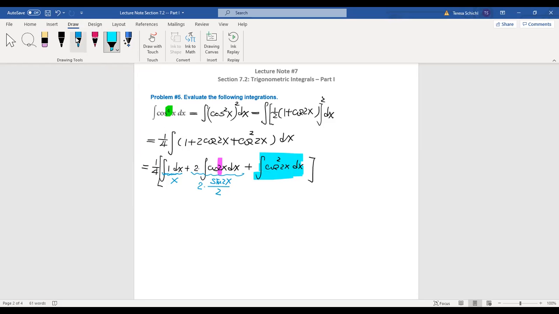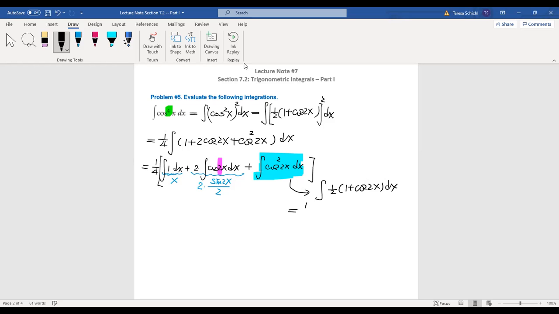So what I need to do here, I need to use a double angle one more time. So this integration will be equal to 1/2 times 1 plus cosine 2x dx. Am I right? Okay, so now I'm just doing this blue one, right?